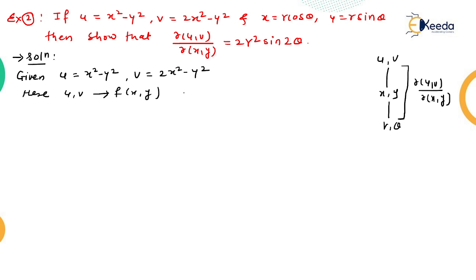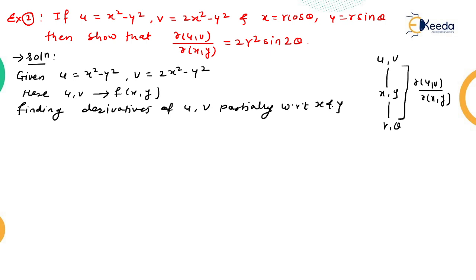Now finding the derivatives of u, v partially with respect to x and y. So how will it be calculated? Let's see. Using the standard result of differentiation, you have to calculate.